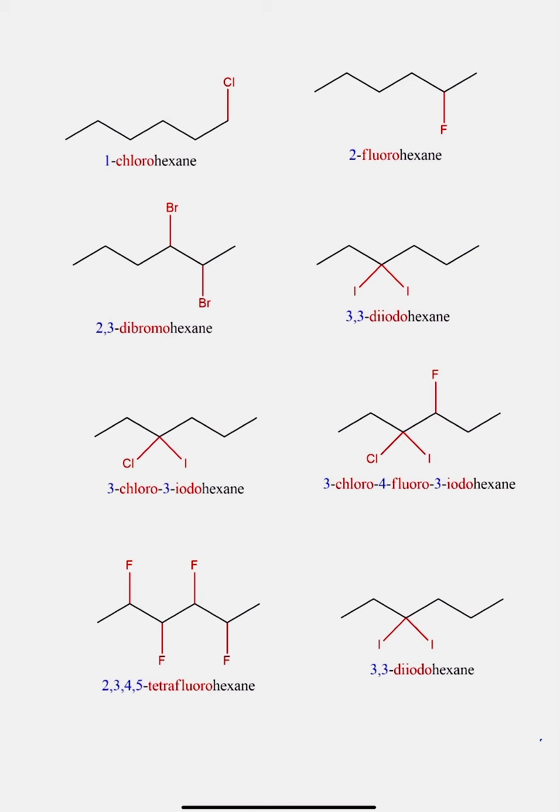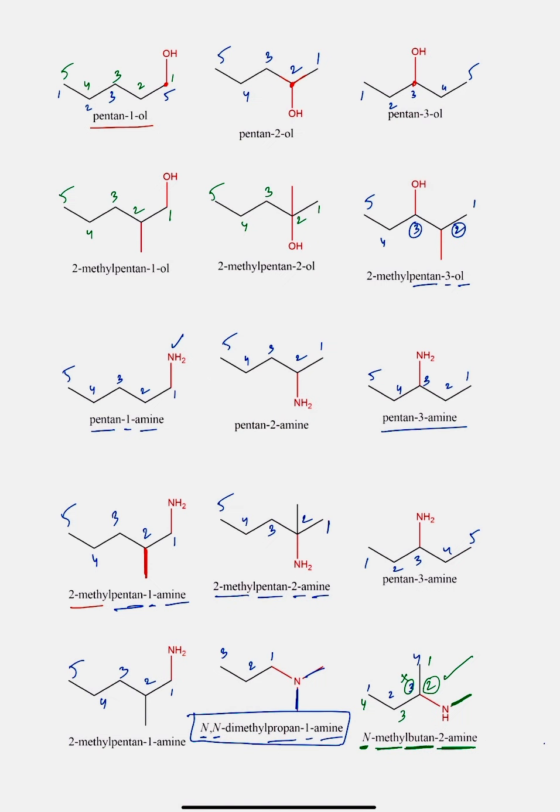So the parent chain has locants or numbers allocated to each carbon, and to one of those carbons these functional groups, the halogens, alcohols and amines, are attached. So these functional groups cannot be part of the chain. That means they cannot hold any locant, or be allocated any number, because they are not carbon.